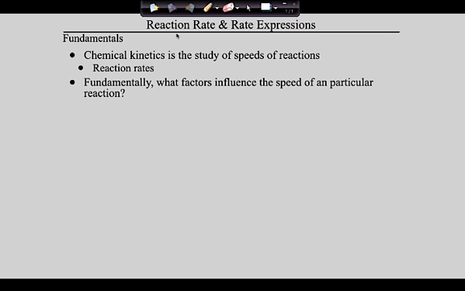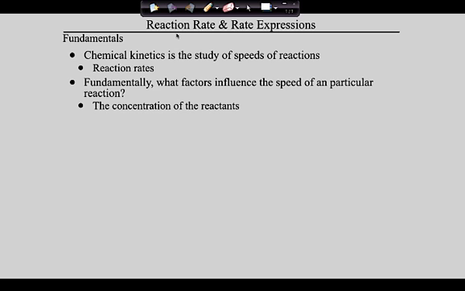So what determines whether or not they react and how fast they react? What about the collisions? Do you remember? How hard and how frequent. We talked about the idea of frequency and magnitude. So the harder they hit, the faster the reaction goes, and the more frequently they hit, the faster the reaction goes. Talked about that last year.